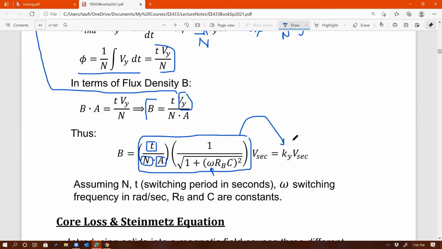So now I have the second equation that relates B with voltage. That's nice, right? Because what is so nice about this equation? Because I could relate a magnetic property B with an electrical property that we all speak. In electrical engineering, we speak of voltage and current. So it's nice to be able to relate a magnetic property to an electrical property. Cool, isn't it? So that's what this circuit does.